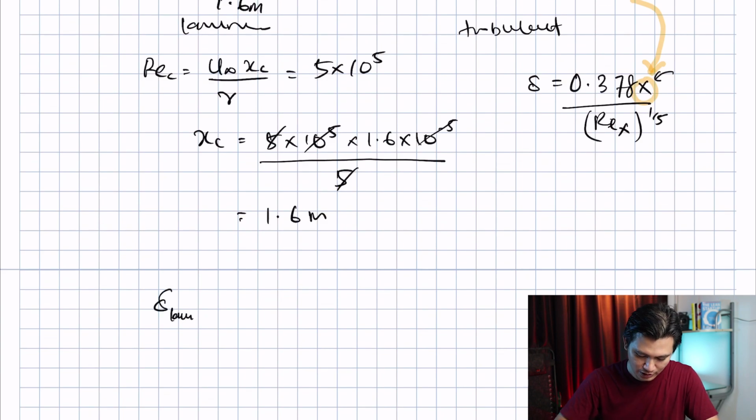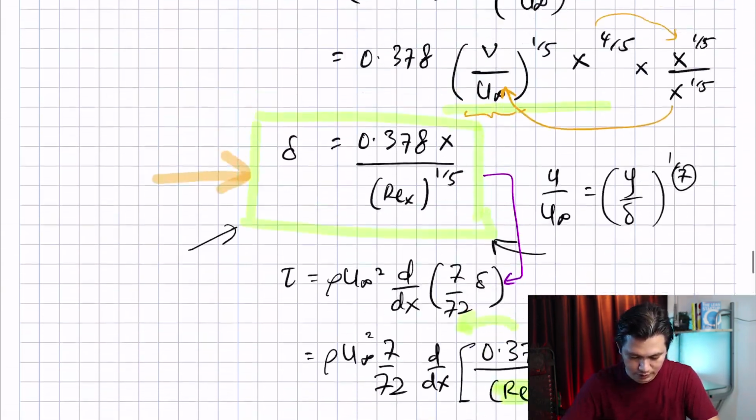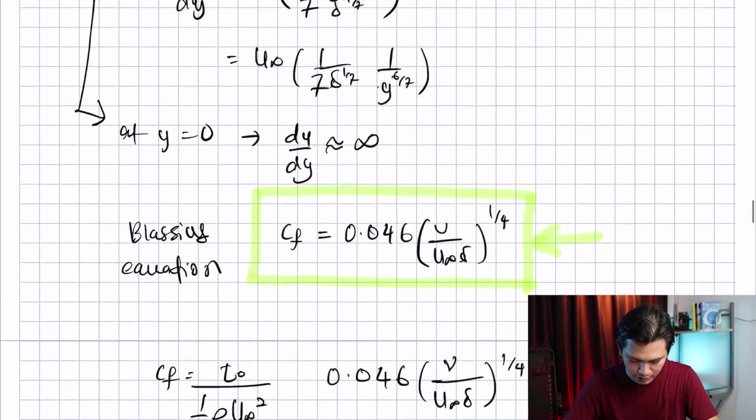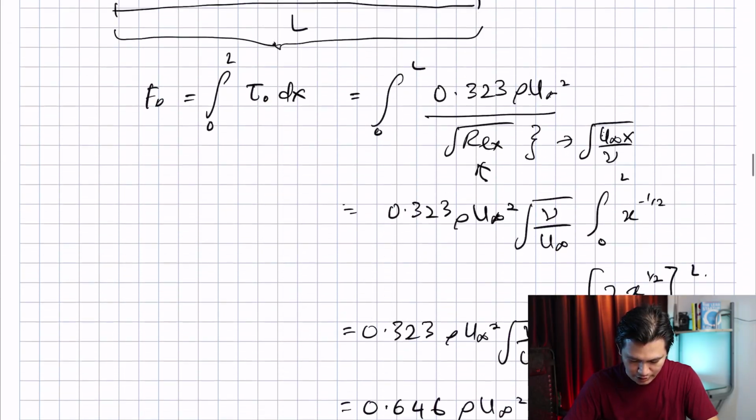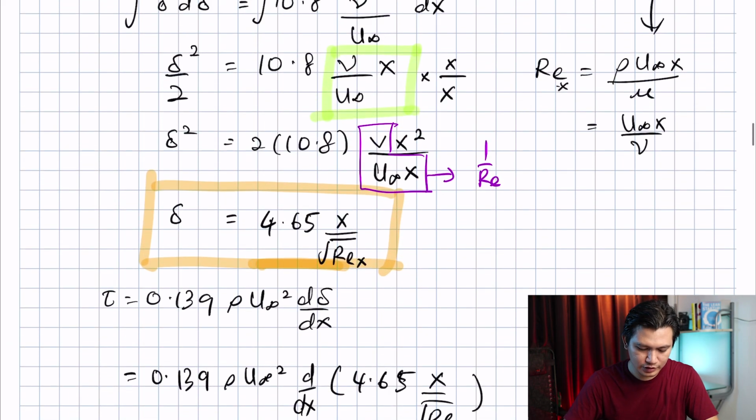Okay, so del for laminar, it's quite further back, I believe. It's going to be 4.65 x divided by Rex to the power of half.